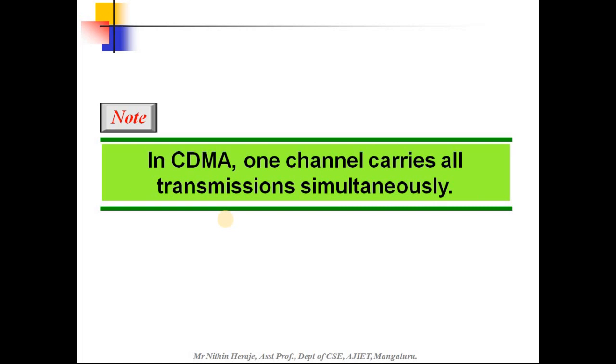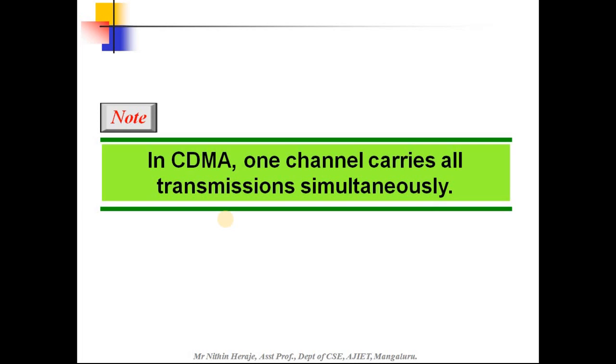In code division multiple access, one channel carries all transmissions simultaneously. So here there is no division that one station will send at a time. If we went through the previous ones, in the frequency division all stations could send simultaneously, but there was a frequency restriction.